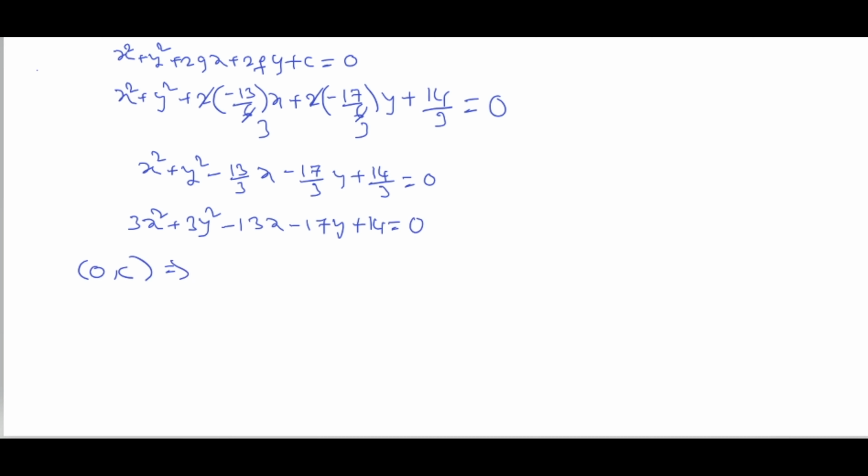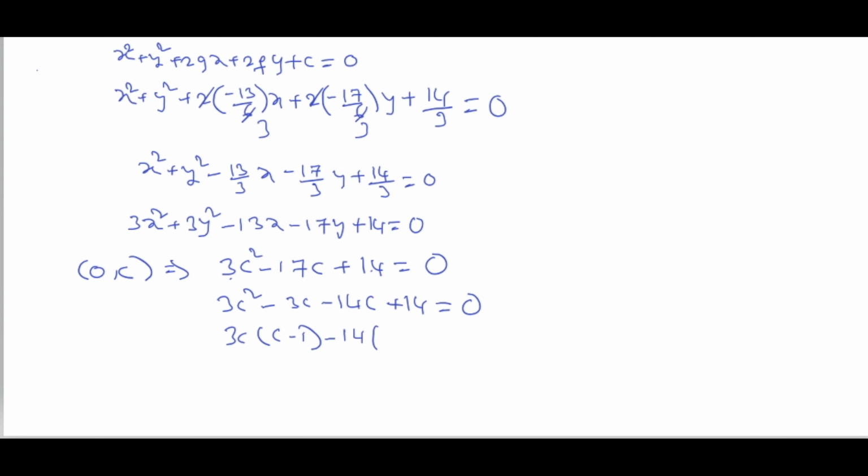Substituting fourth point 0 comma c in this equation, that is 3c square minus 17c plus 14 is equal to 0. This is 3c square minus 3c minus 14c plus 14 is equal to 0. 14 into 3 factors, 3 into 14. Take 3c common, c minus 1, minus 14 common, c minus 1 is equal to 0.